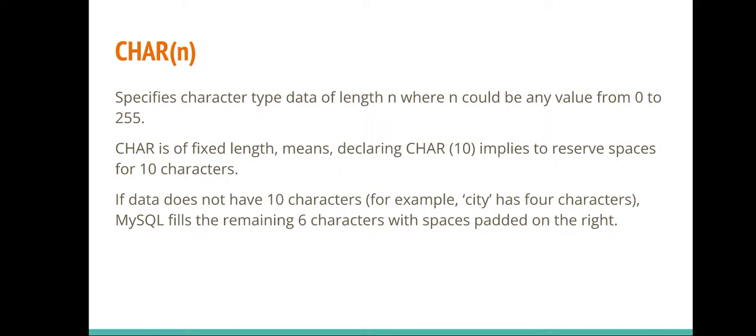For example, if we are using any variable of character data type and the value stored in that data type is city, then we know city has 4 characters, and any string with length less than the maximum length will be allowed. So the 4 character string city will be allowed, and it will take 4 bytes of memory, and the remaining 6 bytes will be padded by spaces in the memory.